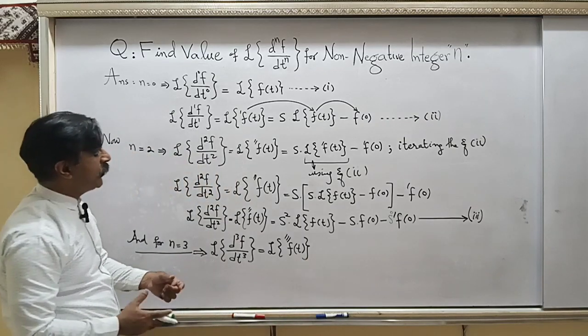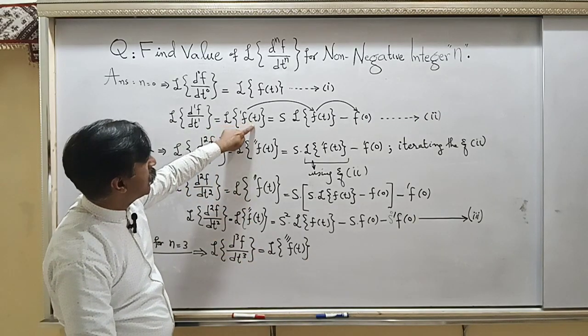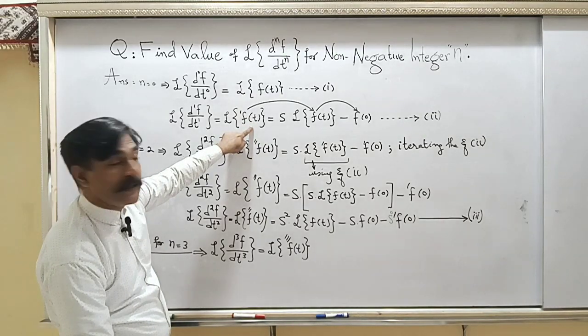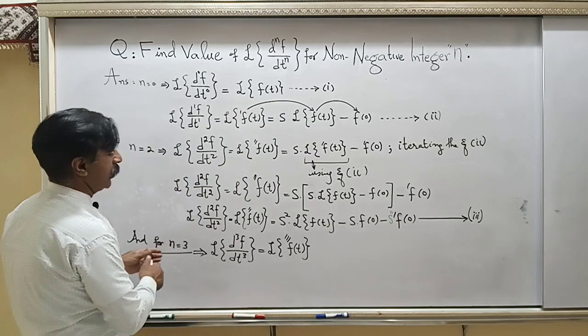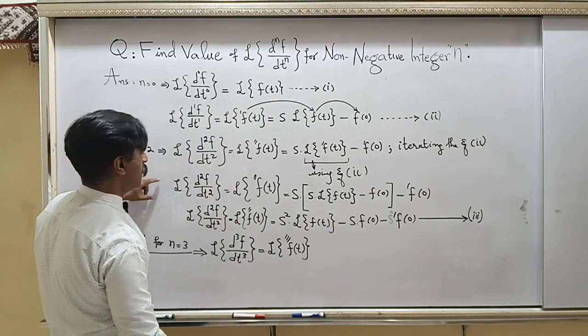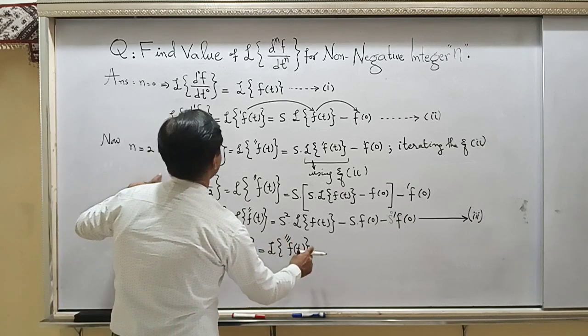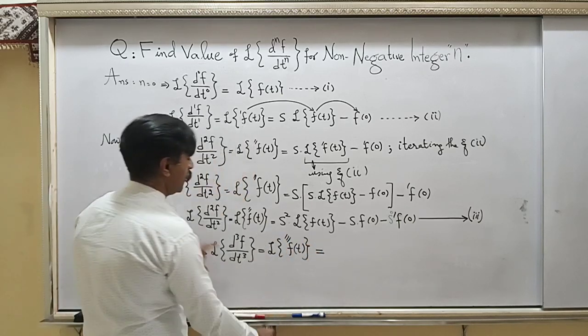And as you have done already, you can iterate equation number 2 again and use this rule that one order of derivative is reduced. So what you will get, here you go.